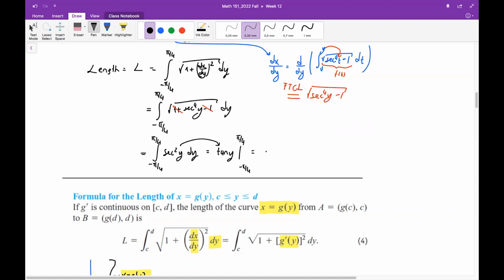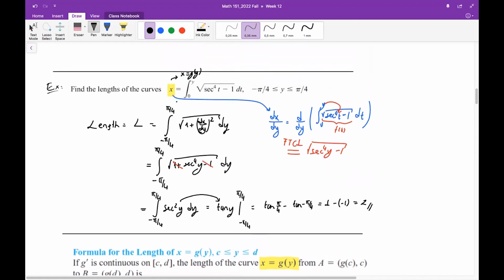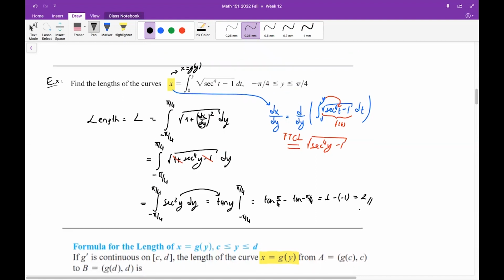If you insert these upper and lower boundaries, you will find the result as tangent of 45 degrees is 1, tangent of minus 45 degrees is minus 1, so that the result is 2. So the length of this given curve by using this length formula is computed as 2. So I stop here for the length lecture video.